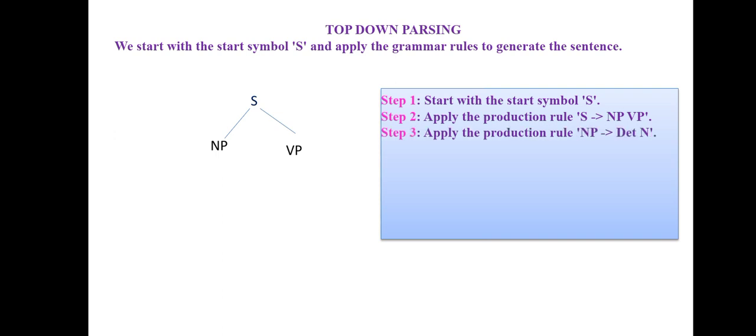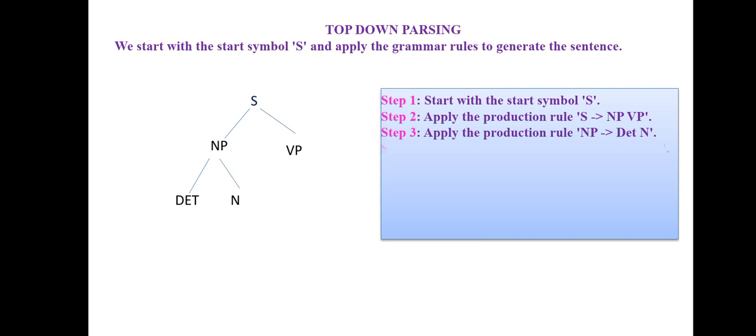Next, the third step is to apply the production rule, that a noun phrase produces determinant and noun. So here the determinant, and the next one is noun.